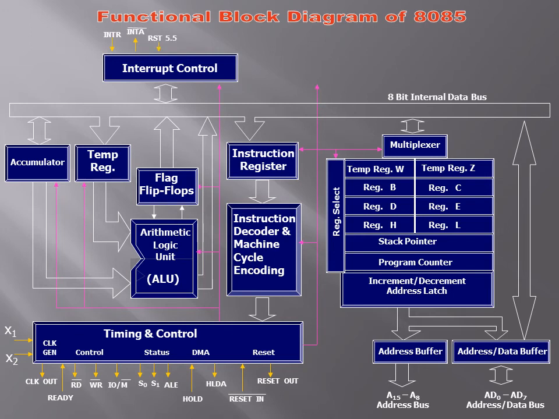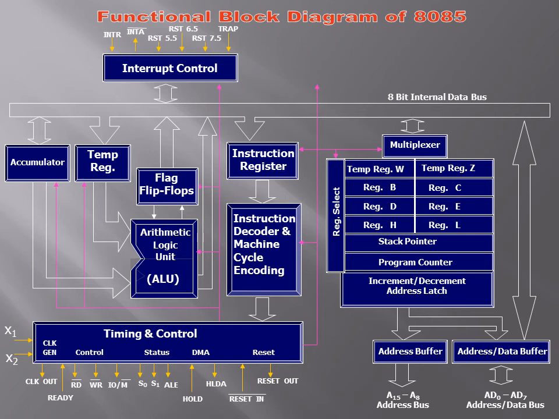Then we have RST 5.5, a maskable interrupt of lower priority. Then we have the higher priority RST 6.5, and again more priority RST 7.5, and the most priority, the first priority interrupt, is TRAP.